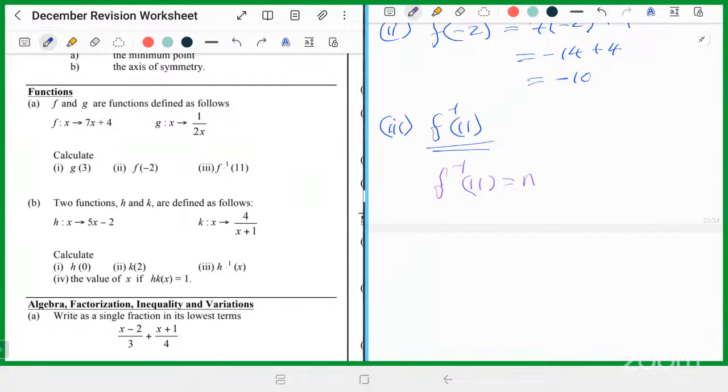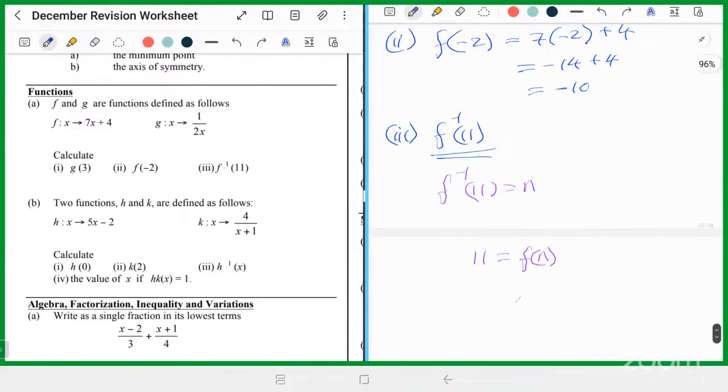If f to the minus 1 of 11 is equal to n, it means that this 11 here is equal to f of that number. Because the inverse maps 11 to n, so n is mapped to 11 by the function. So if we put f of n equal to 11, then when we find n, that's our answer.